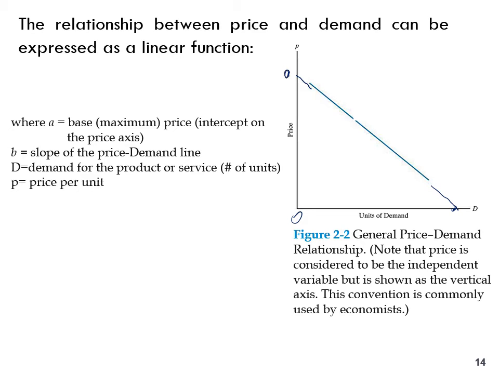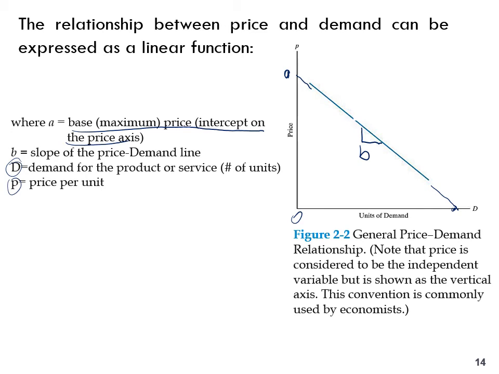So point A is the maximum price intercept on the price axis. And this graph has a slope which is represented by B, the slope of the price-demand line. We will represent the demand for the product or service with D and the price with P.